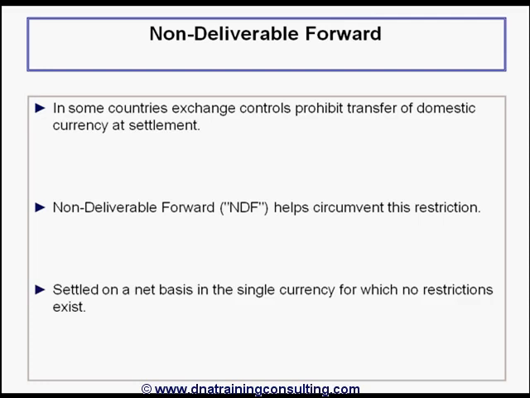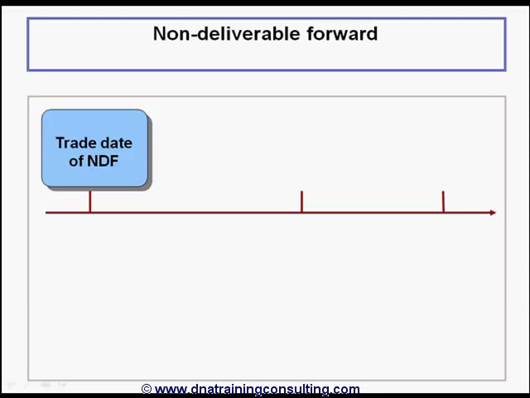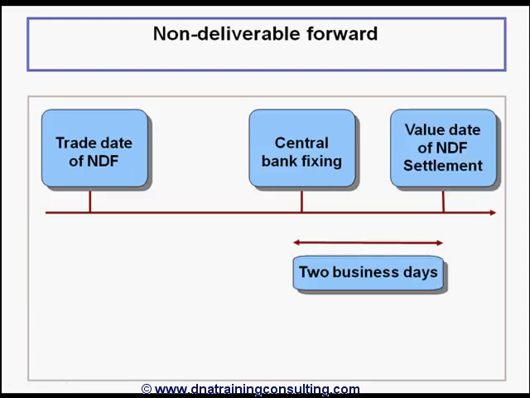The only transfer that takes place is the net difference in cash flows, or settlement amount. The NDF market uses the central bank spot fixing 2 business days prior to the value date of the forward transaction to calculate the net settlement amount. We will illustrate how this works next.